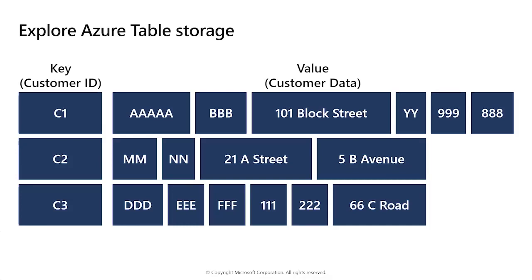Some of these might be, for example, product catalogs for an e-commerce website or application, or customer information where the data can be quickly identified and ordered by a composite key. In the case of the product catalog, the partition key could be the product category, like footwear, for example, and the row key, which identifies a specific product in that category, could be something like mountain boots.